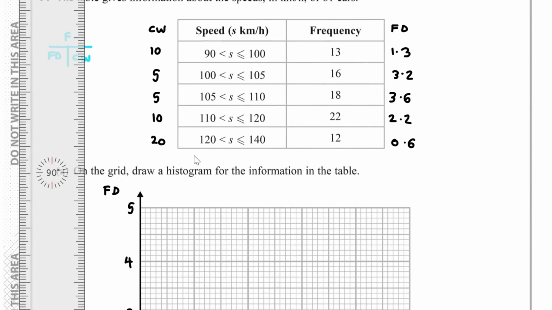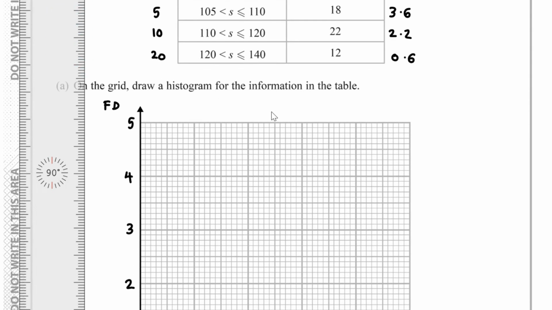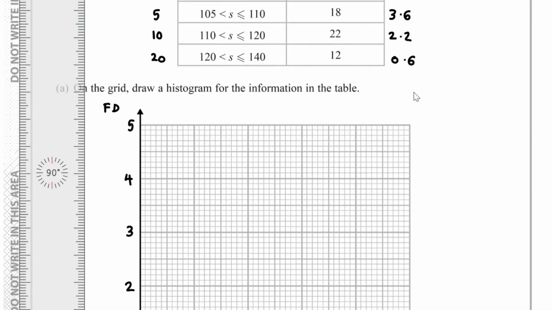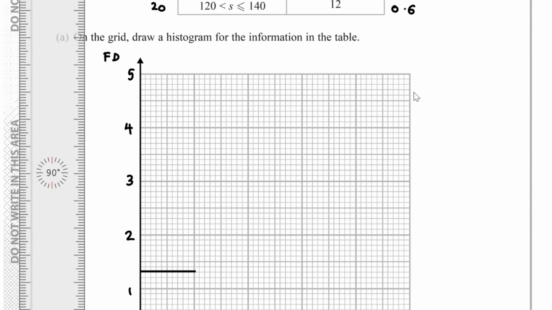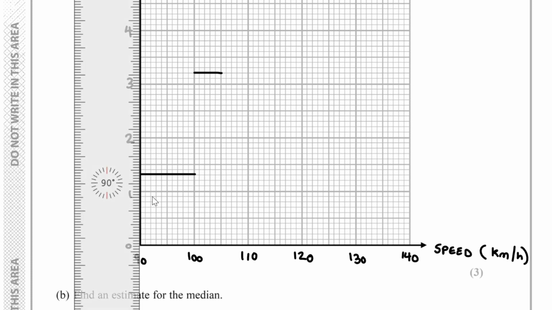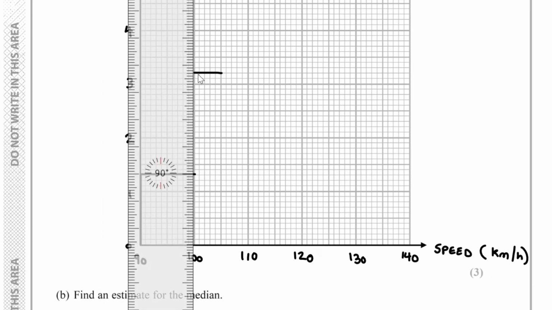Next we've got between 100 and 105. That's going to be 3.2. So 3.2 is here. Okay, so let's just roll off over here, and similarly over here.